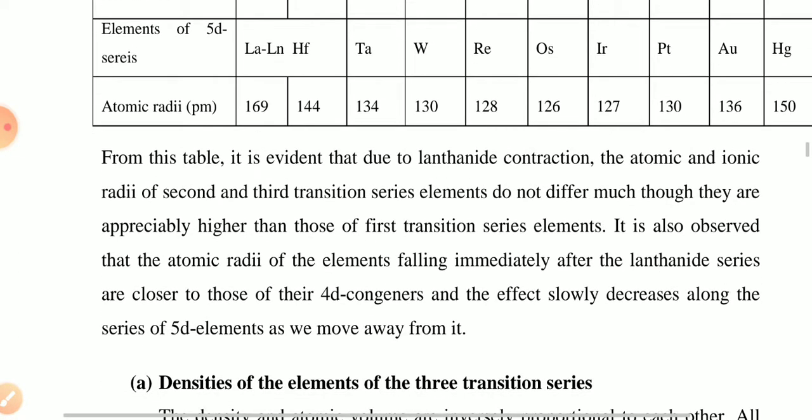From this table, it can be concluded that, because of the lanthanide contraction, the atomic and ionic radii of the second and third transition series elements do not differ much because they have the same characteristics, but they have higher values than the first transition series elements. It is also observed that the atomic radii of the elements falling immediately after the lanthanide series are closer to those of the 4d series, and the effect slowly decreases along the 5d elements. Thank you very much.